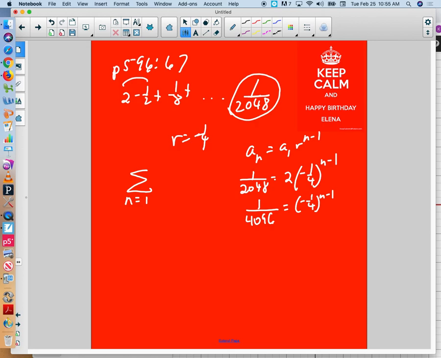I'm super okay with you messing around with this though. First of all, I know I get a positive number. So n minus 1 together's got to be an even number. That means n's got to be an odd number. So you might want to try negative 1/4 to the 8th and see what you get. Negative 1/4 to the 6th and see what you get.